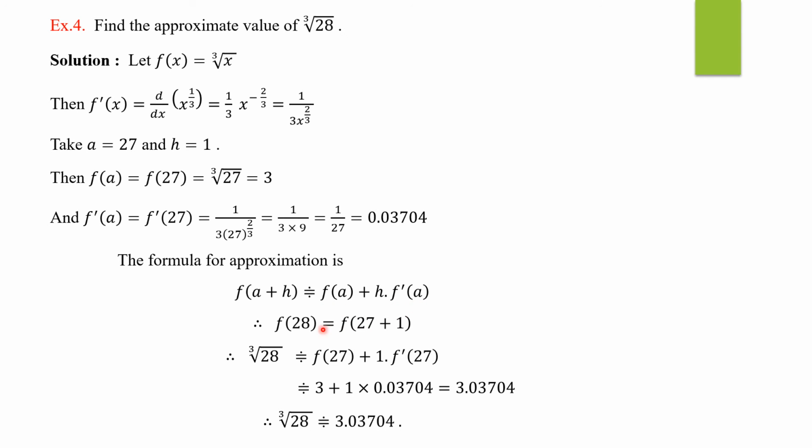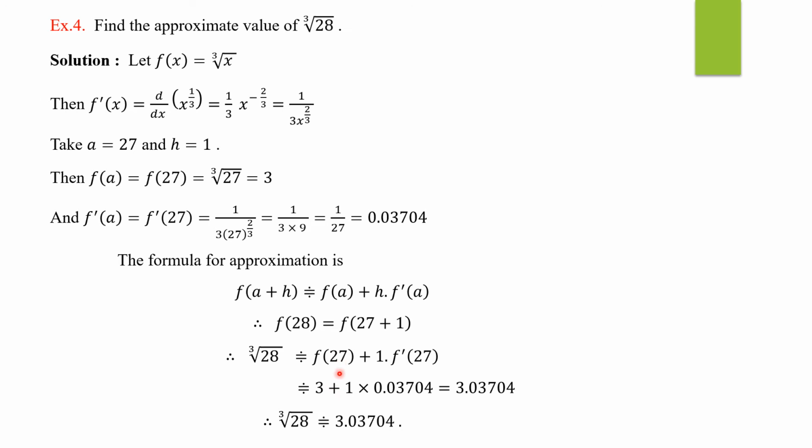The formula for approximation is f of a plus h is equal to f of a plus h into f dash of a. Then f of 28 equal to f of 27 plus 1. We know that f of 28 is cube root of 28. Using the values of a and h in this formula, we get f of 27 plus 1 into f dash of 27.